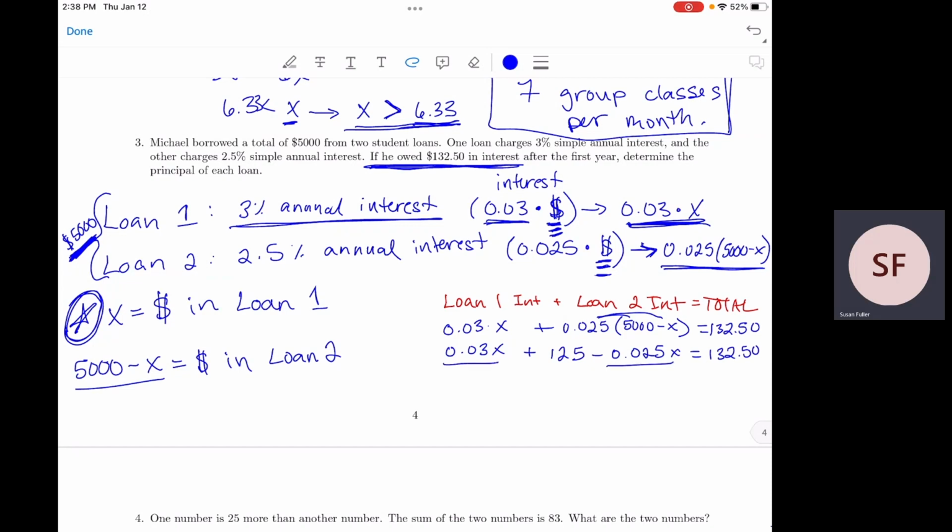I've got like terms here that I can combine. So 0.03 minus 0.025 is 0.005x. And then I'm still going to have that 125 here, equals 132.5. We'll subtract that 125 from both sides.